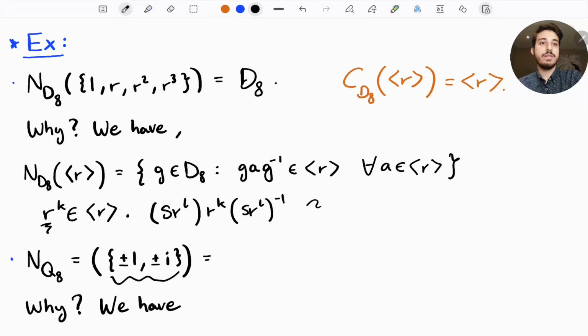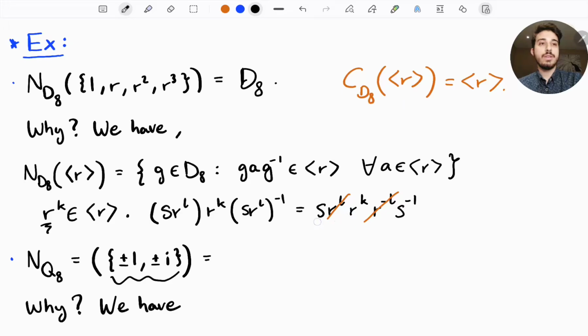So we're going to use some algebra properties to say this is S R to the l, R to the k, and the inverse applies on both here, inverting their order. We have R to the minus l and S to the minus 1. Now we know that R powers commute, so we can cancel out the R to the l and R to the minus l.